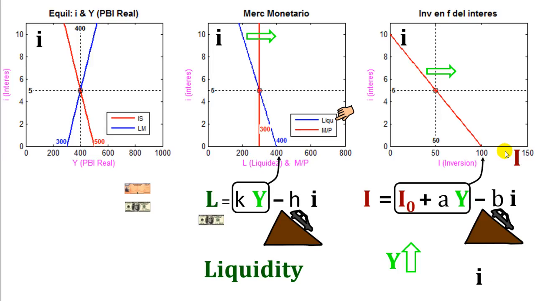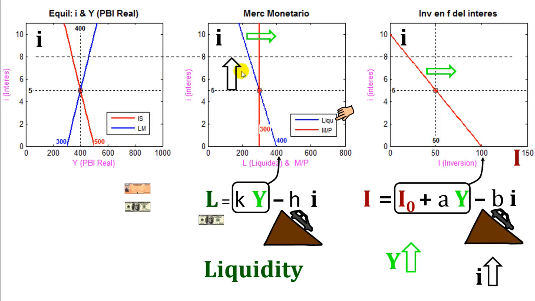When the interest rate increases, because the interest rate is the independent variable, then in both cases you move along the curve, so the interest goes up, and you go from this point to this point. Because of this, the liquidity goes down from this value to this value.